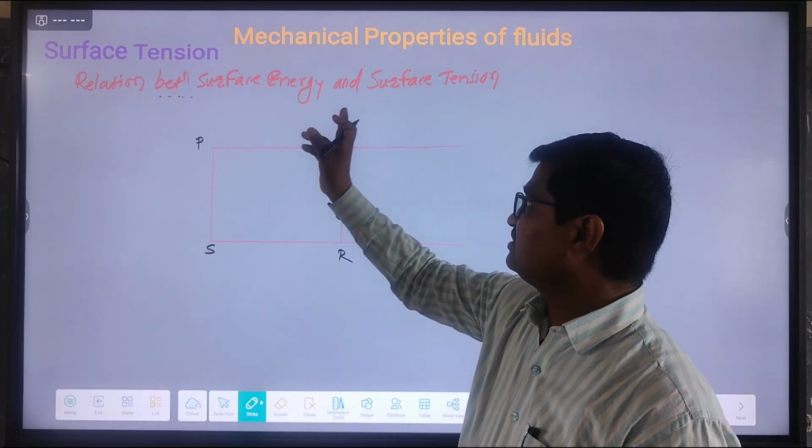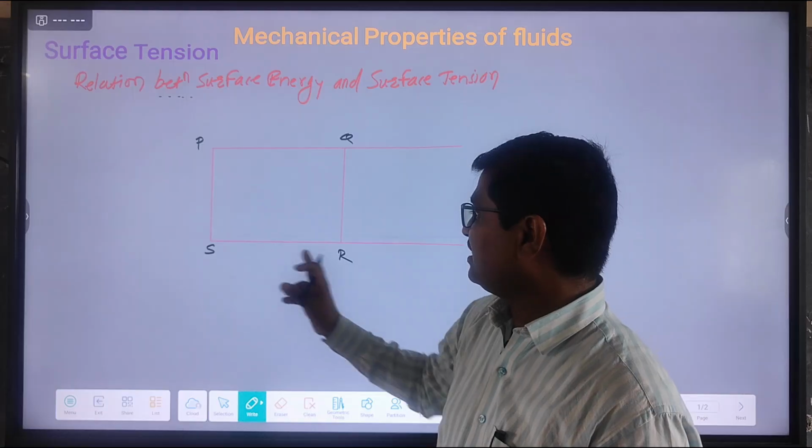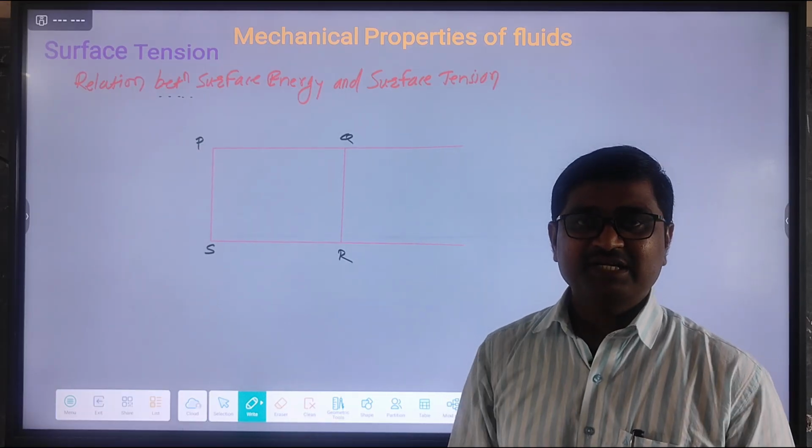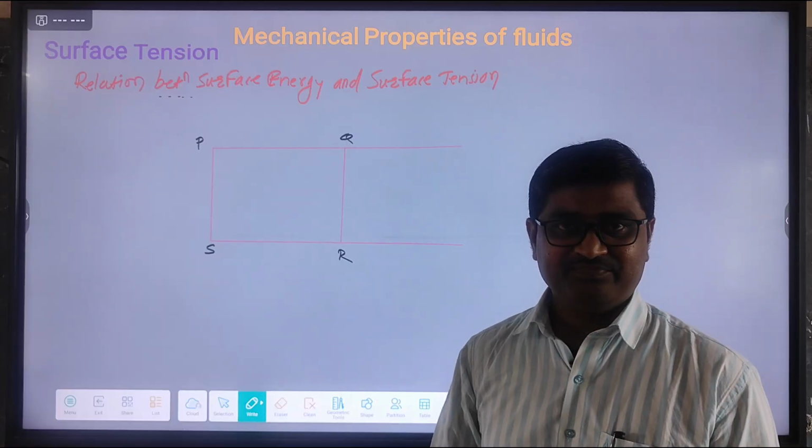It means PQ is a wire, QR is a wire, SR is a wire, and PS is also a wire. The wires are connected together and we get a frame.